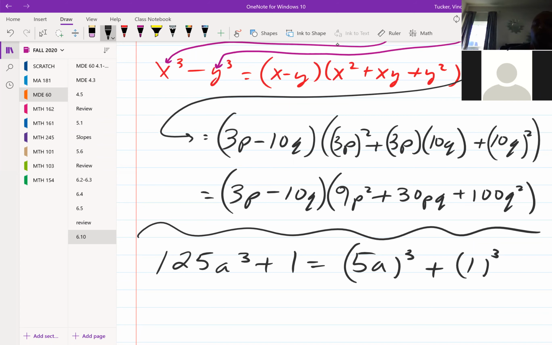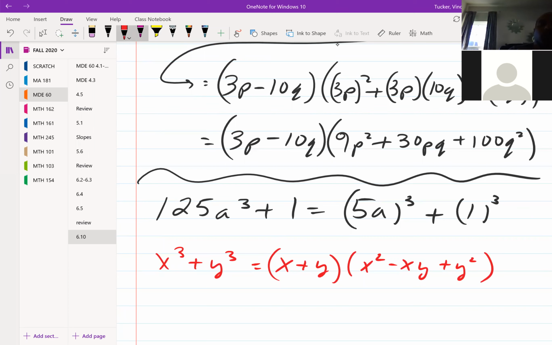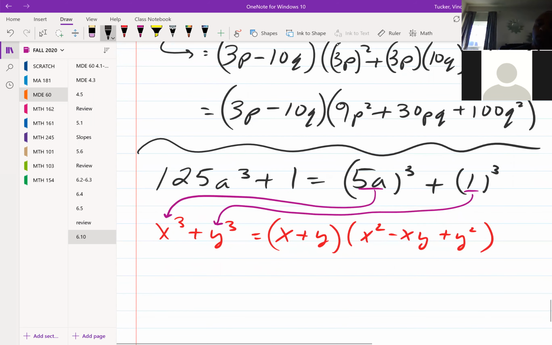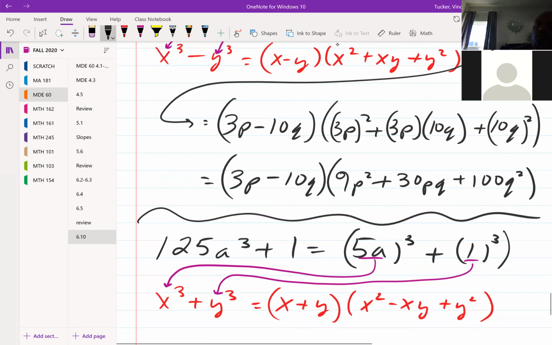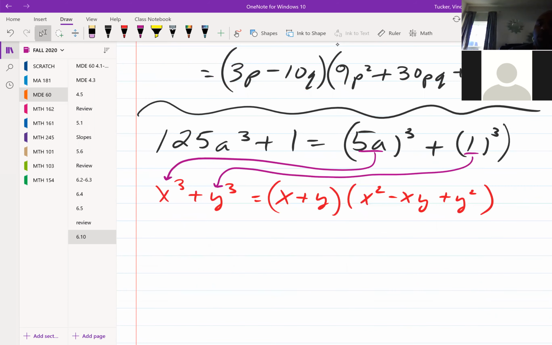So that'll work for you. Just rewriting the formula down here. So once again, this first cube root is going in for x. Second one is going in for y. I don't know why I put that extra parentheses.